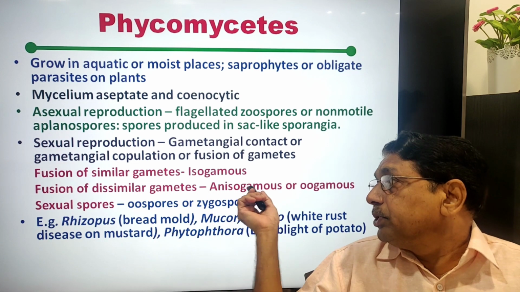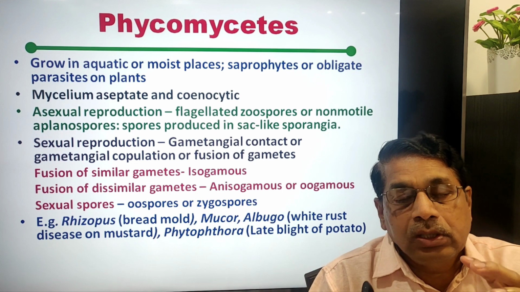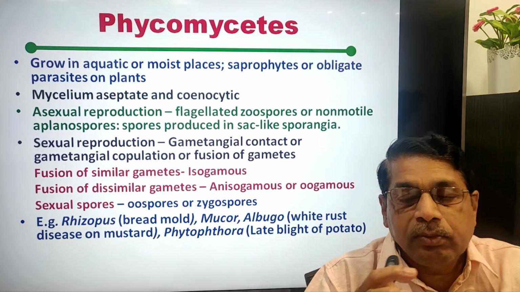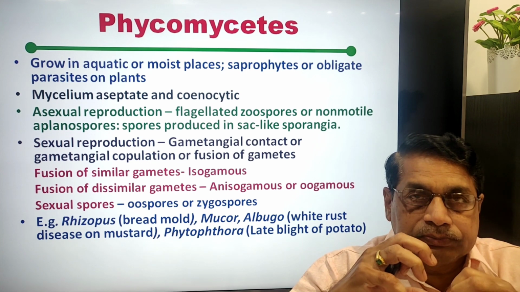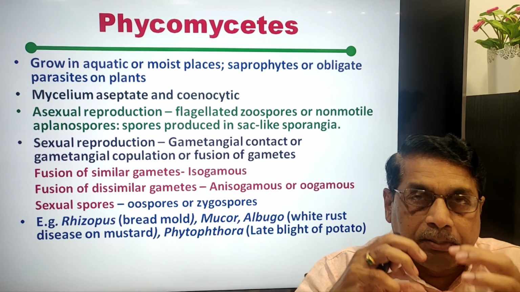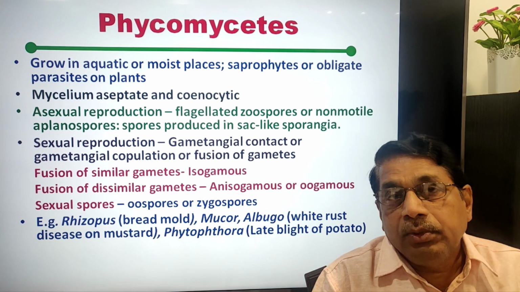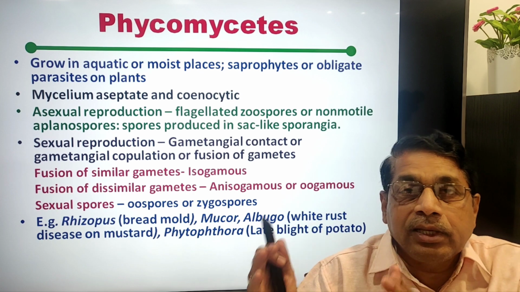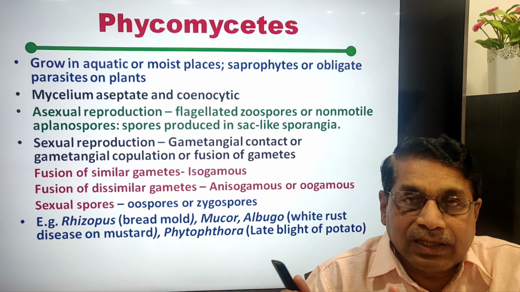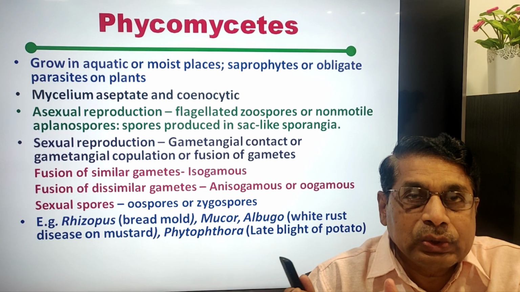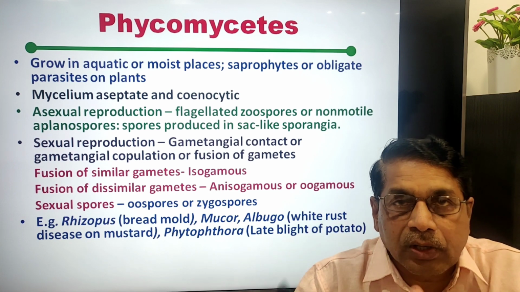The difference between these two: in anisogamous, the male will be smaller and the female somewhat larger. But in oogamous, the male gamete is small and the female gamete is an egg. The female gametangium is known as oogonium, very large.